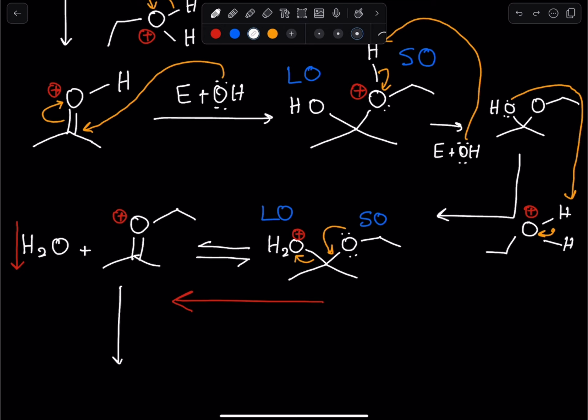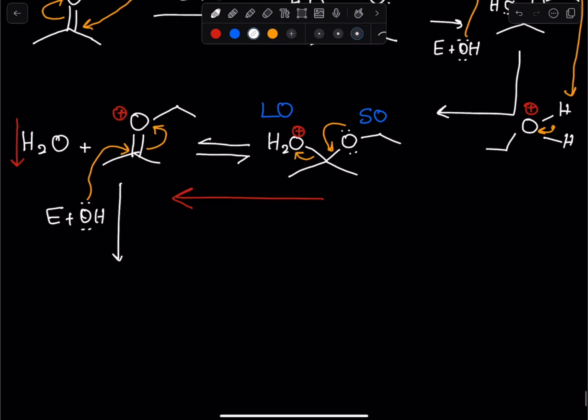So again, our ketone here has a positive charge like it did here, so it's a good electrophile, and a neutrally charged nucleophile like an ethanol can easily attack it. So we attack it and we get those electrons up on that oxygen.